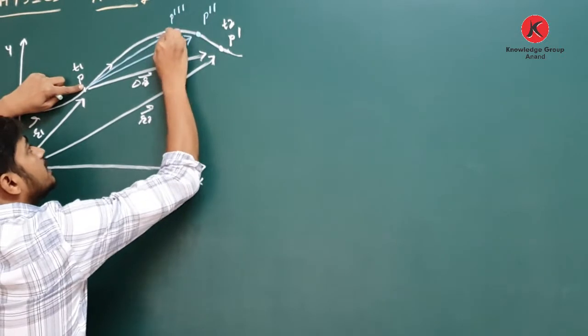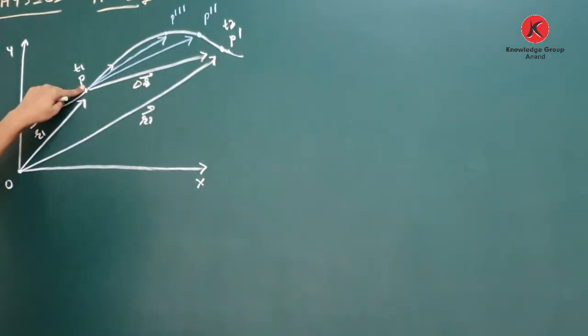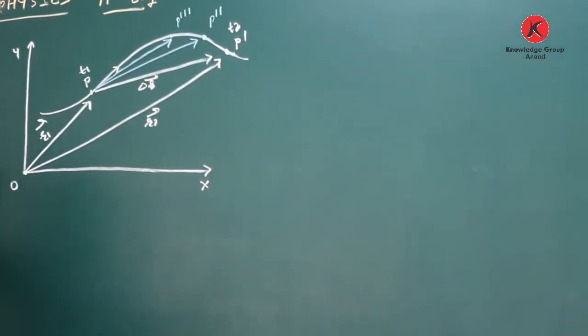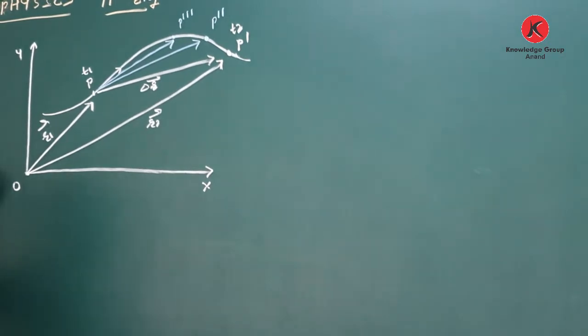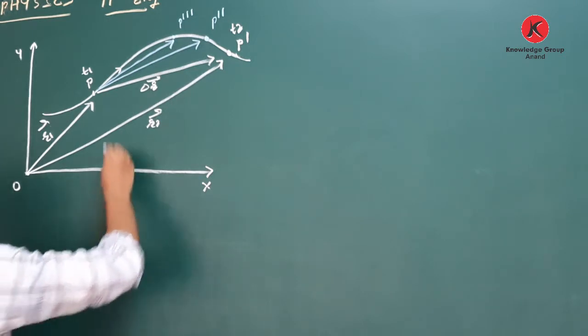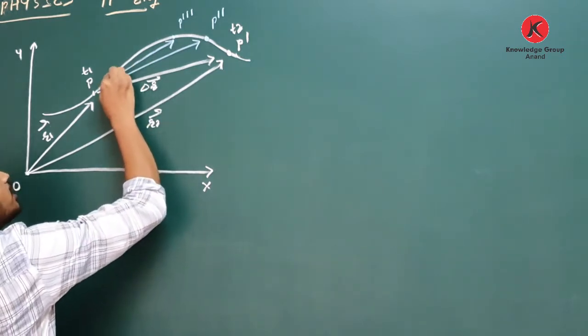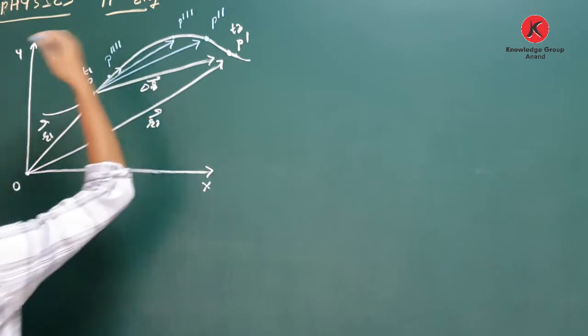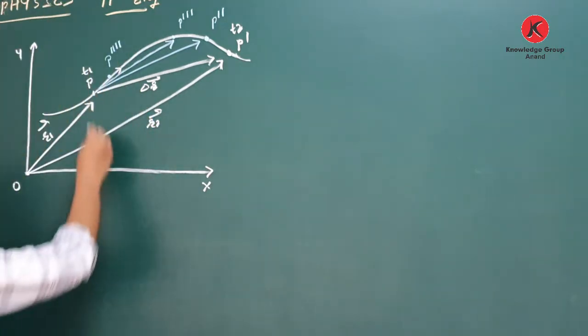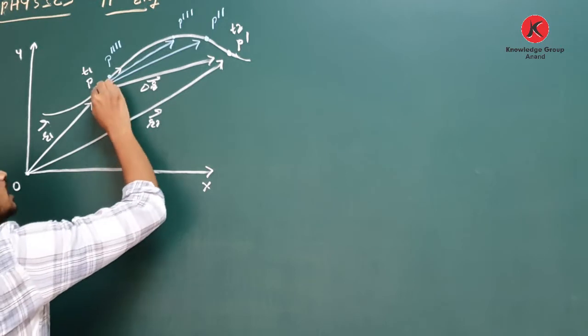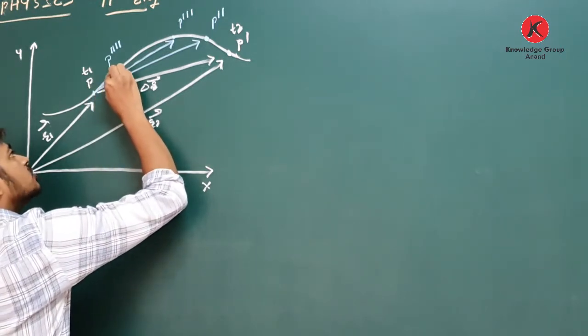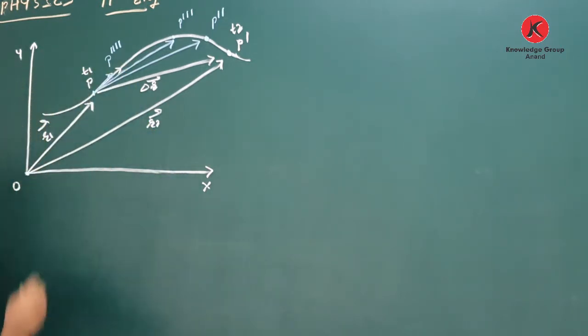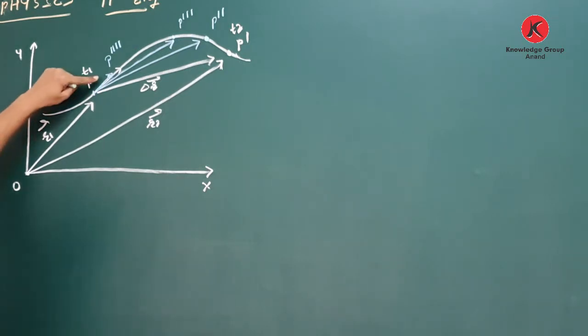Again, if I decrease the time interval further, and the point is here, P quadruple dash, then if you draw the displacement vector, it will be in this direction. And see, this displacement vector is along its path.